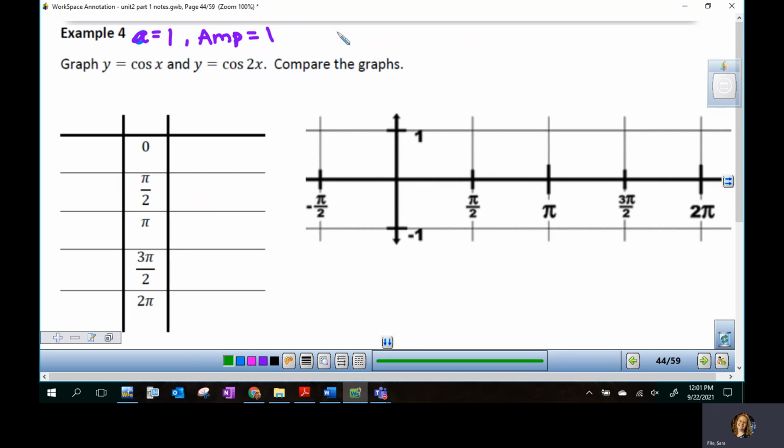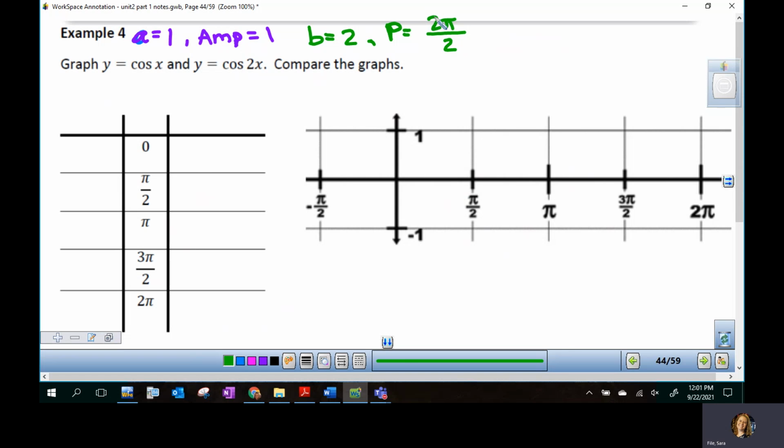So now we're adding in period. What is the B value here? The 2. 2 is the coefficient of the x. So the period is found by doing 2 pi divided by the absolute value of B, which is 2.